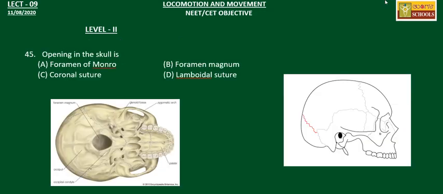So the next question: opening in the skull is. Here I have two pictures. I'm showing the base of the skull. So this picture is the base of skull, and when you see the base of the skull here, you can see an opening.